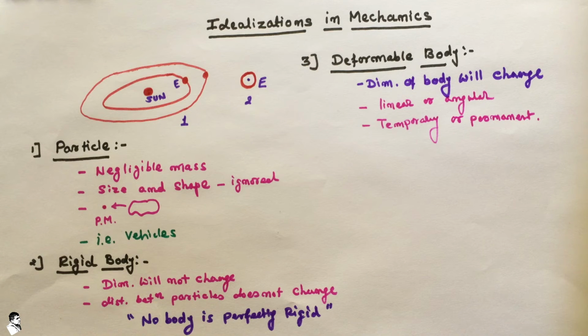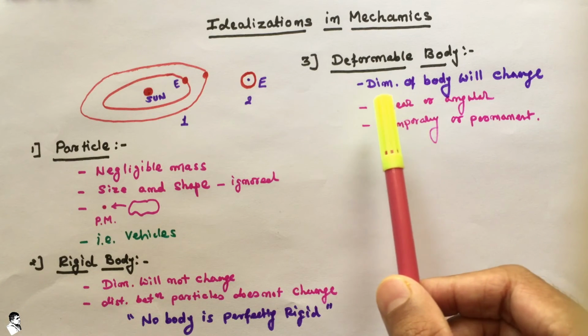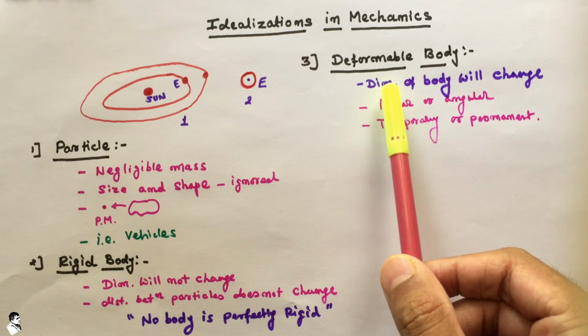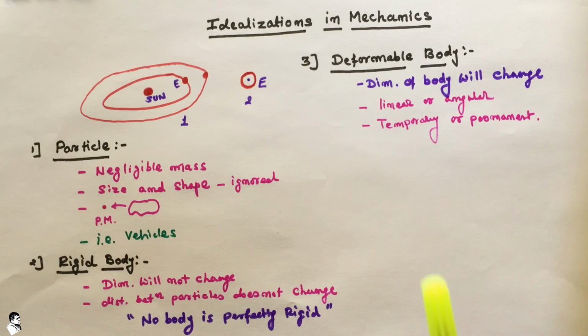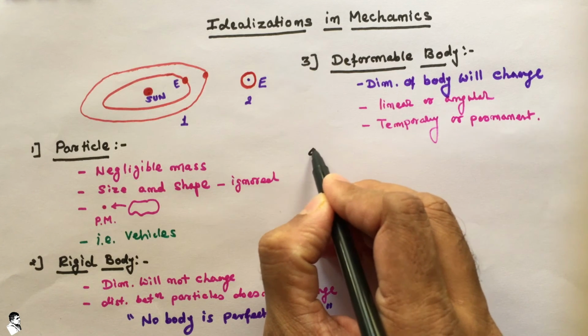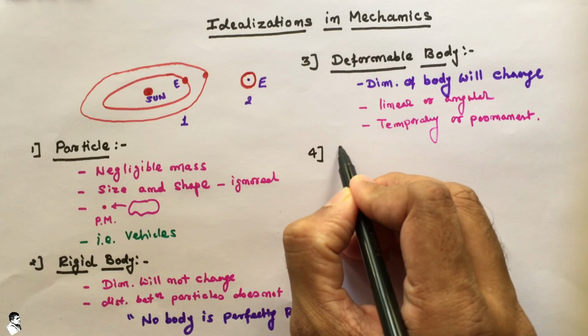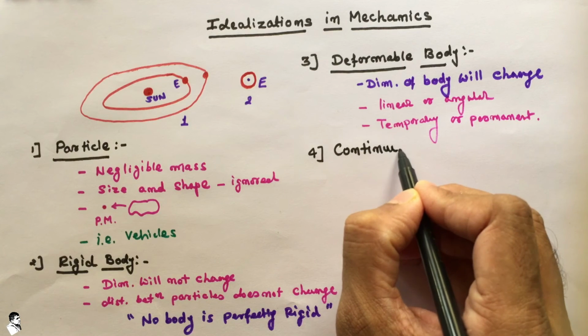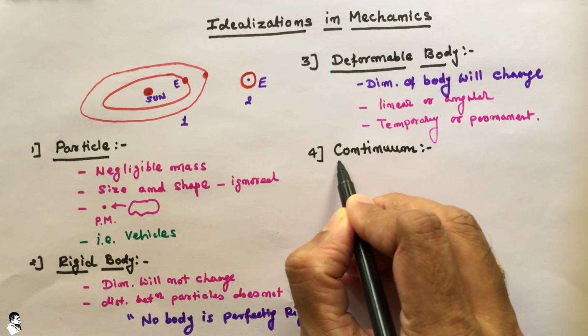In pure engineering mechanics, we consider every body as a rigid body, and in the part where we study the capacity of materials, we consider every body as a deformable body. Further, we have another idealization, that is nothing but continuum.